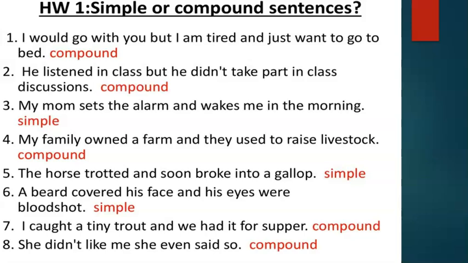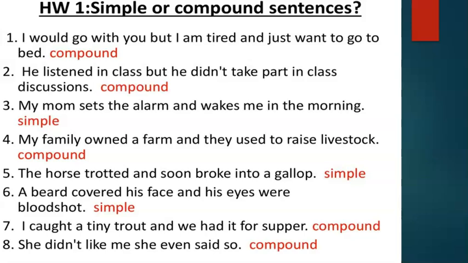Fourth one: my family owned a farm and they used to raise livestock. It is a compound sentence and it is connected with a conjunction. The horse trotted and soon broke into a gallop. It is a simple sentence.